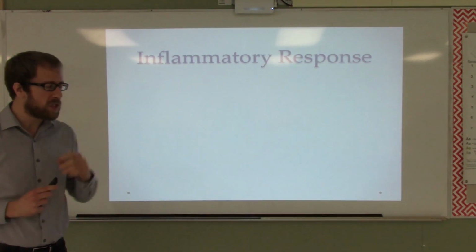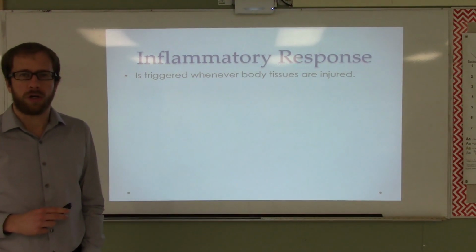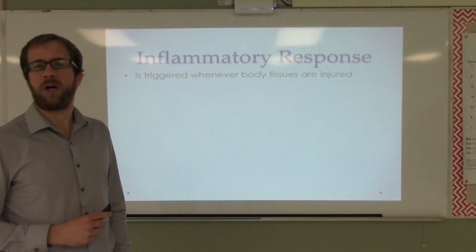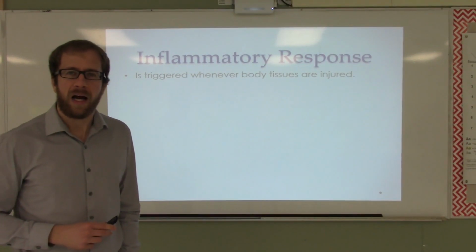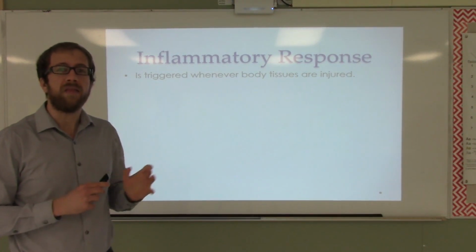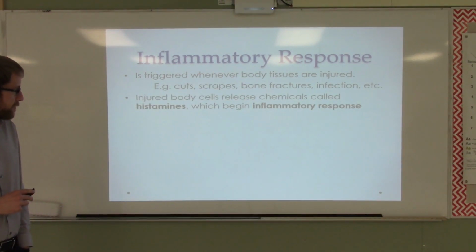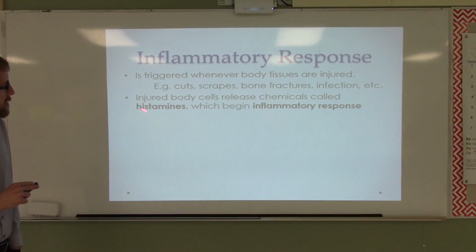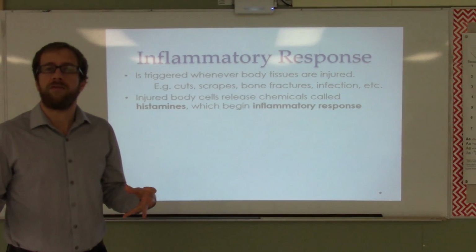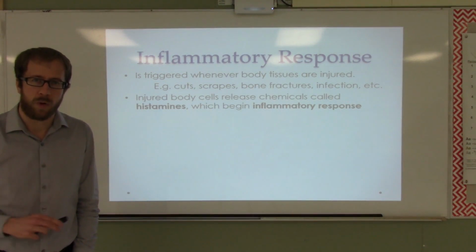Our inflammatory response. It is triggered whenever the body tissues are injured. So let's say you step on a rusty nail, or you stub your toe, or whatever it may be, you will get the inflammatory response happening. Now, what's going to happen is you're going to release histamines as a result of this damage, and this is going to start the inflammatory response.